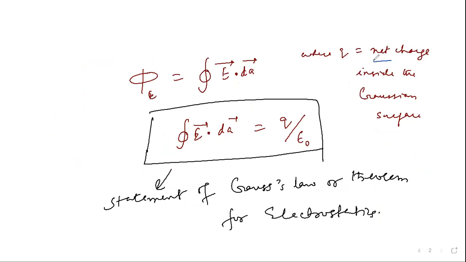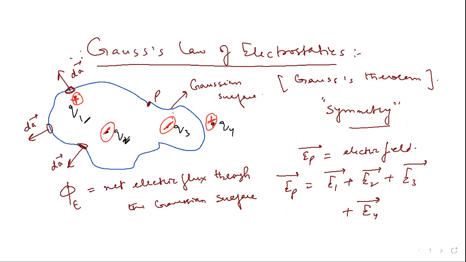Remember this, Q is the net charge inside the Gaussian surface. For example, here, what's my Q? I have three charges inside the Gaussian surface, Q1, Q2, Q3. Q1 is positive, Q2 and Q3 are negative.